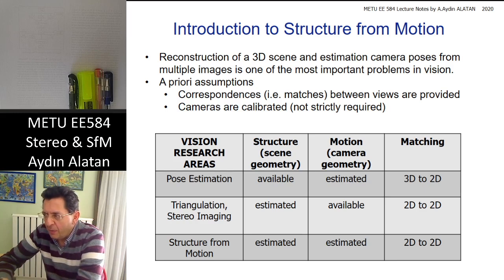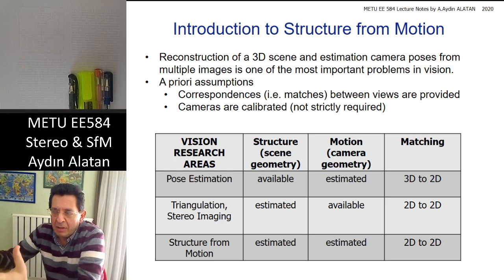If it is available, I'm going to find the position of the camera with respect to this object, and I'm going to estimate the camera motion geometry. For this purpose, this is the first video's content. I'm going to assume I have the 3D information with respect to a coordinate system of the object, the model, the CAD CAM, or the world coordinates, I don't know.